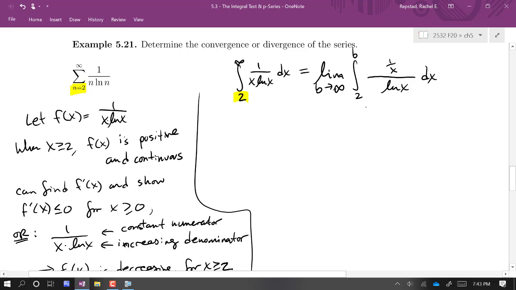Now this integral fits the ln rule because 1 over x is the derivative of ln x, so we can integrate that. It'll be ln of the denominator, so it actually looks like ln of ln x. And now we'll plug in our limits of integration.